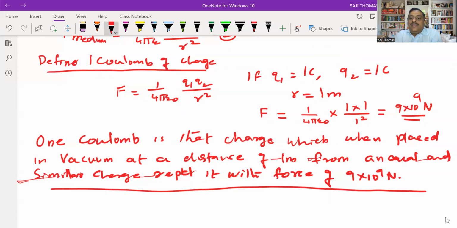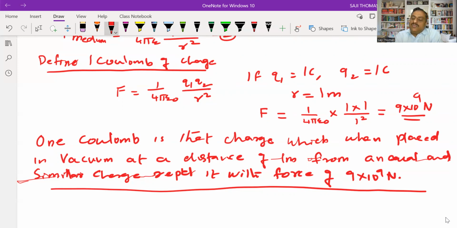So today what we basically learned is Coulomb's law. All of you must know Coulomb's law now. Here there is one limitation of Coulomb's law. What is the limitation? It is used only for point charges.